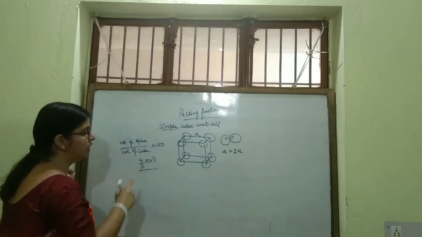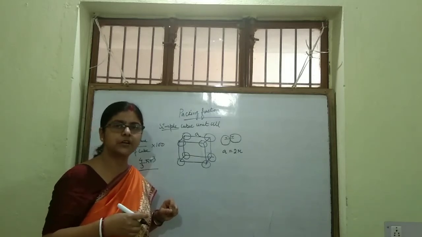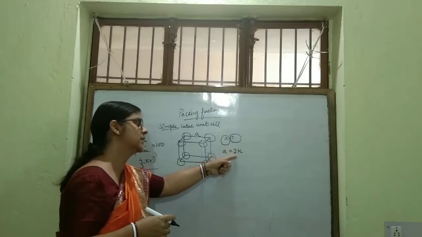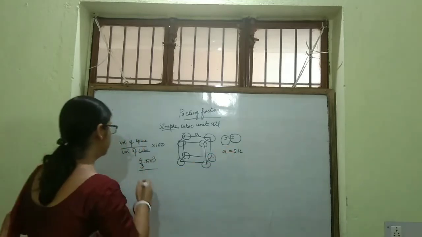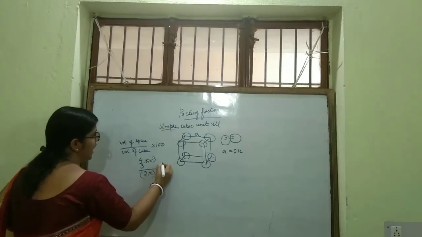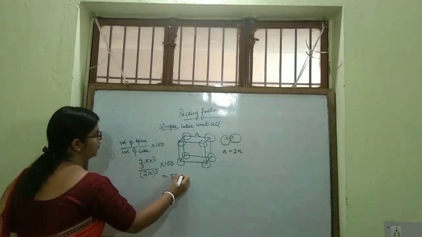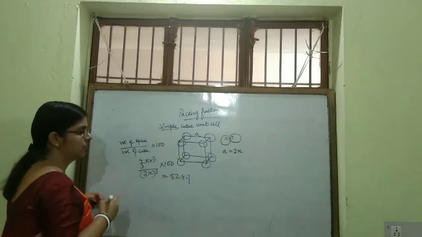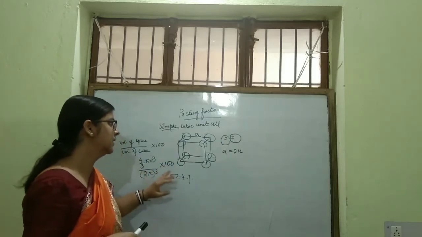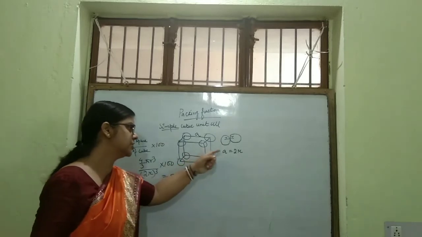And what will be the volume of the cube? We all have studied that volume of cube is equal to a cube. But we will put this value of a over here, and instead of a cube, we will write 2r whole cube. And into 100 you will be getting 52.4%.